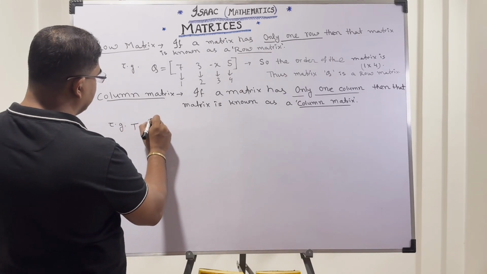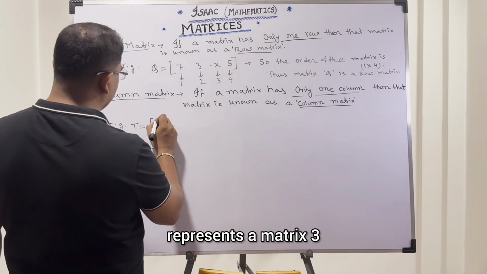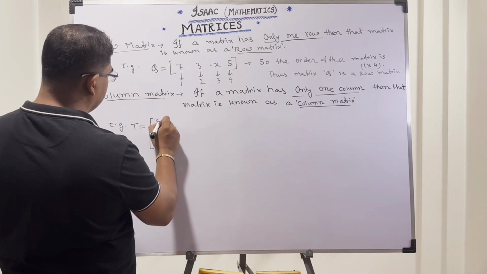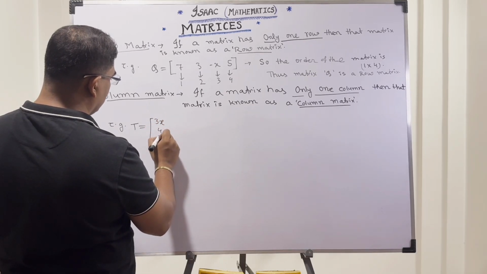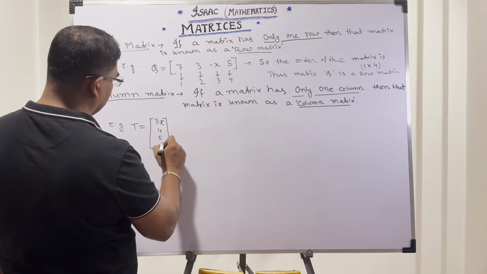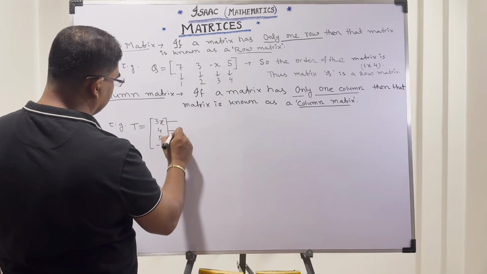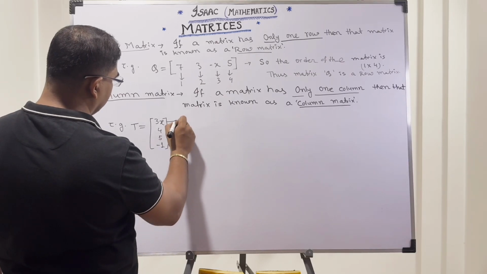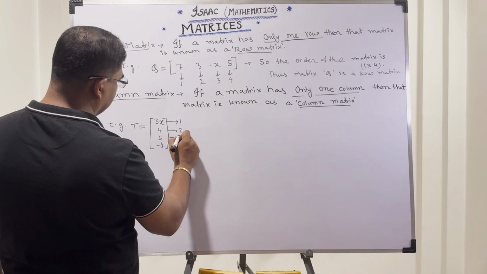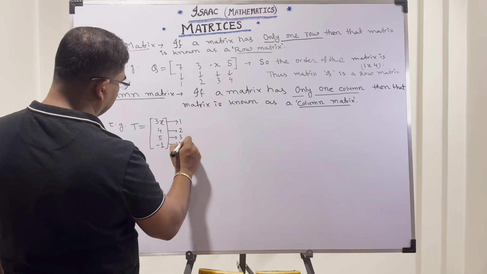If T represents a matrix 3x, 4, 5, minus 1, so number of rows is 4. First, second, third, fourth.